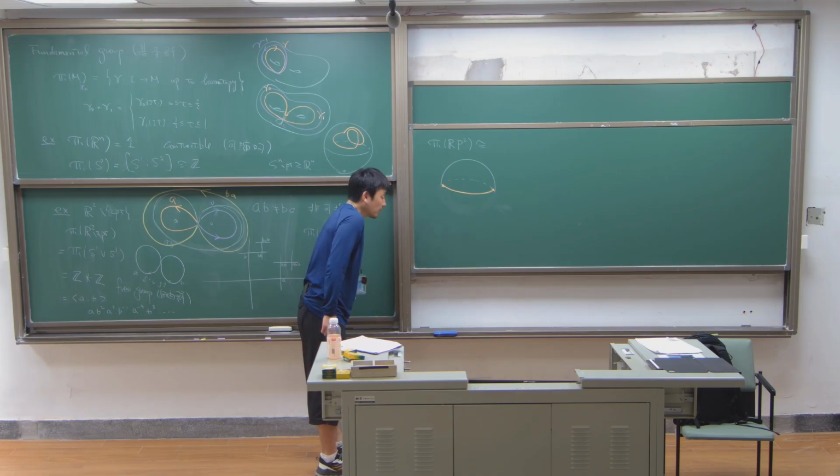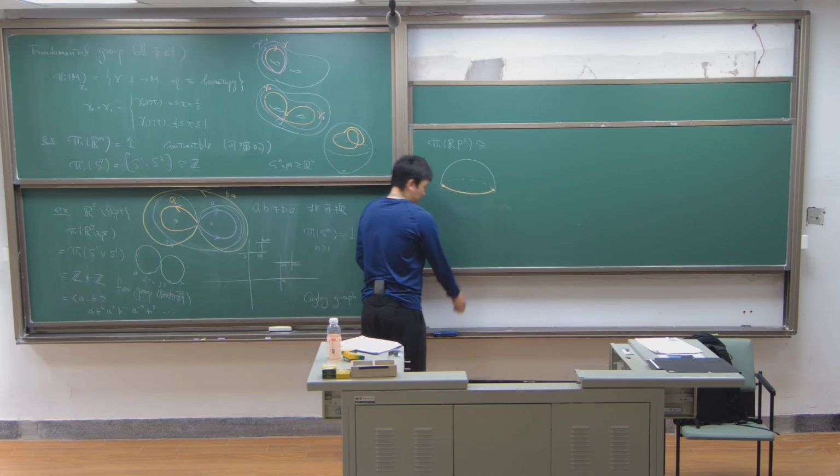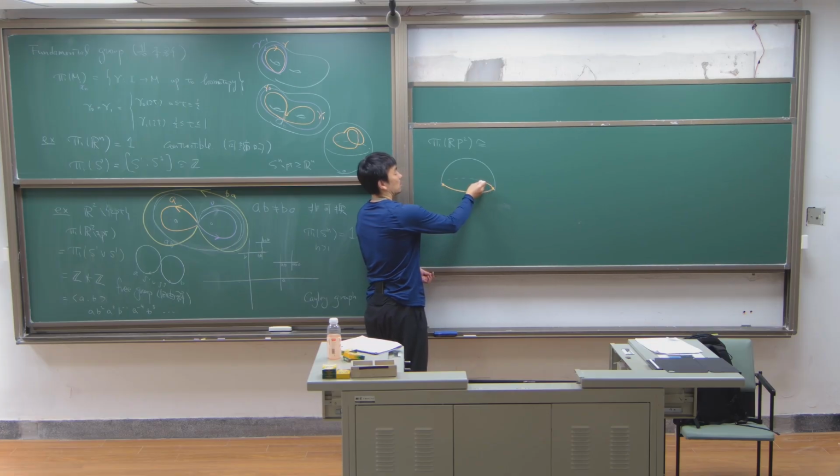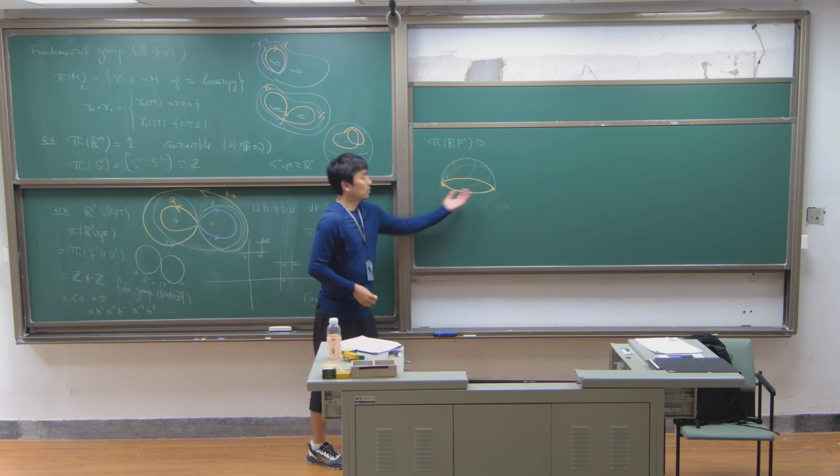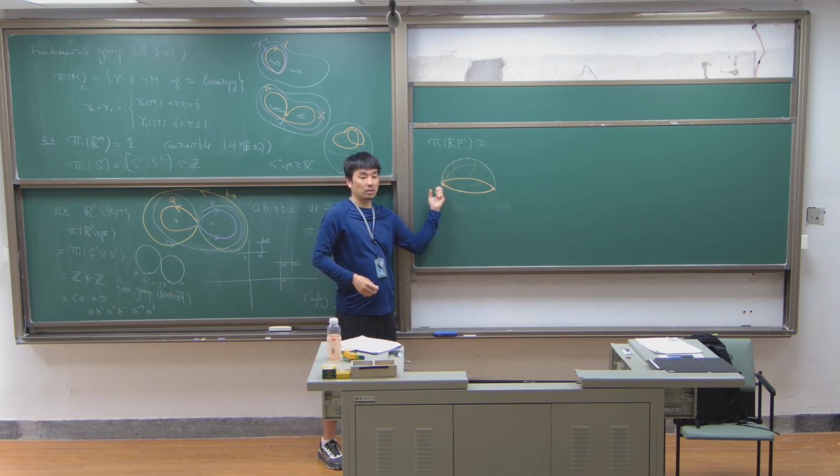However, this loop, if you go around one more time, then you can bring it to the base point, it is contractible. So it becomes trivial.